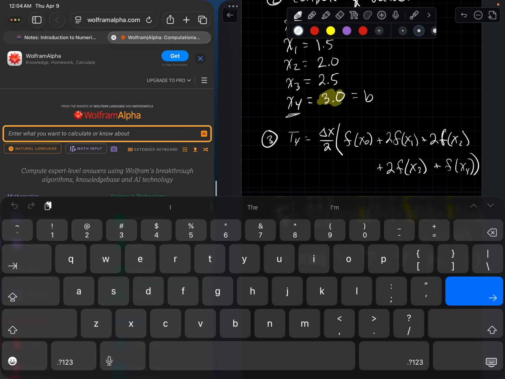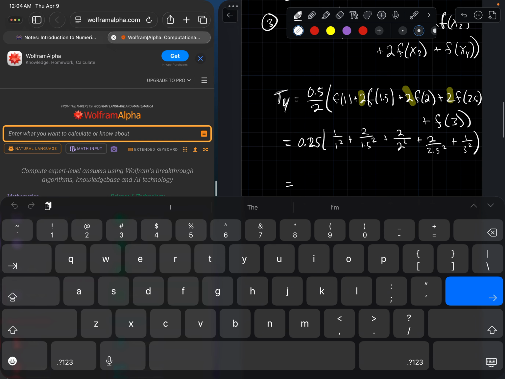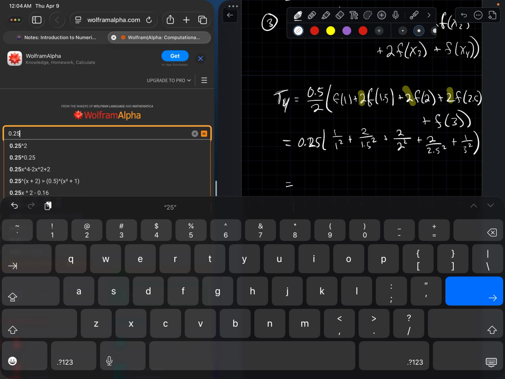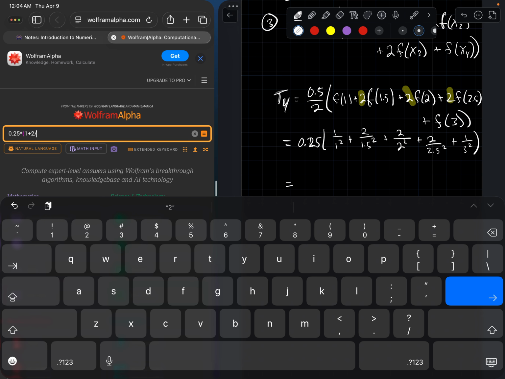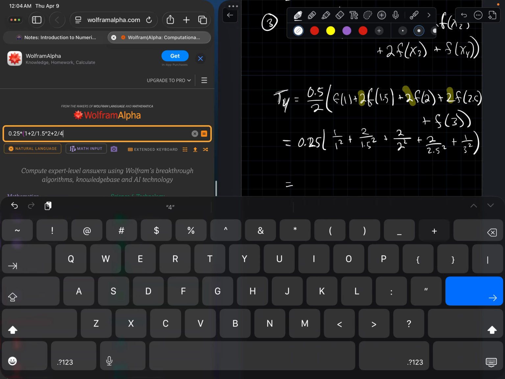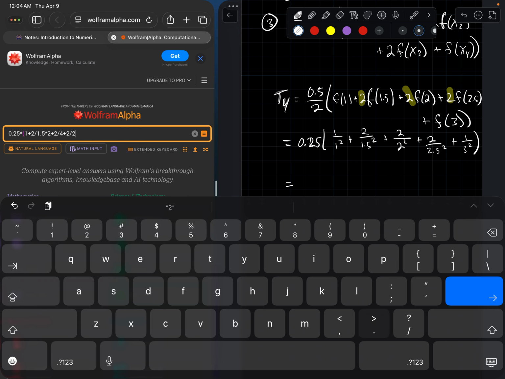So what do we have here? What do we need to type in? We need to type in this. So 0.25 times, and we've got 1 over 1, which is 1, plus 2 over 1.5 squared, plus 2 over, actually that's just 2 squared, so 2 over 4, plus 2 over 2.5 squared, plus 1 over 3 squared, which of course is 1 over 9.